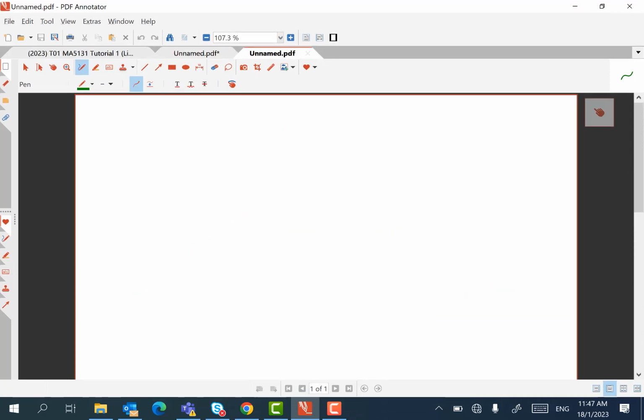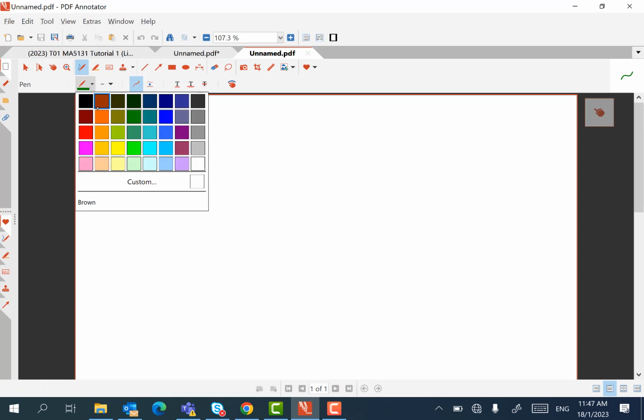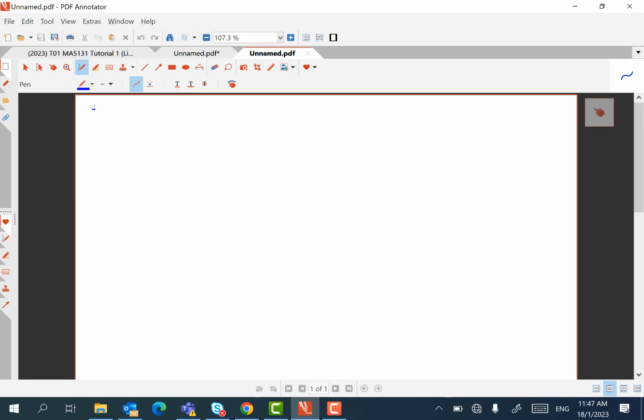Okay, number 8. That's number 8 again. You are given a function g(x) and you're asked to find the limit of, okay, part 1. Limit as x goes towards 0 of g(x).